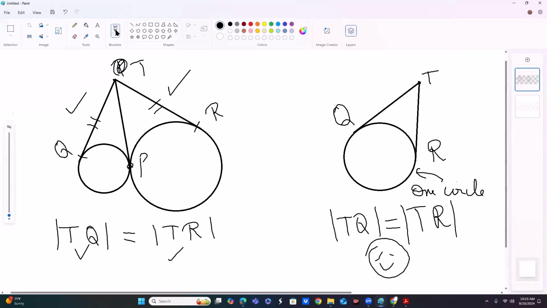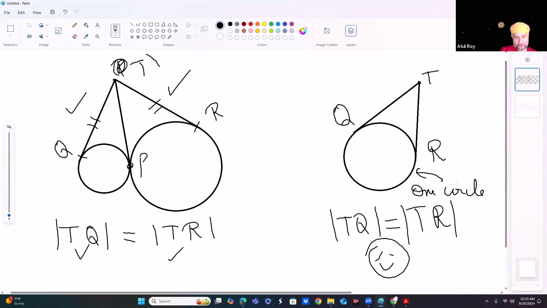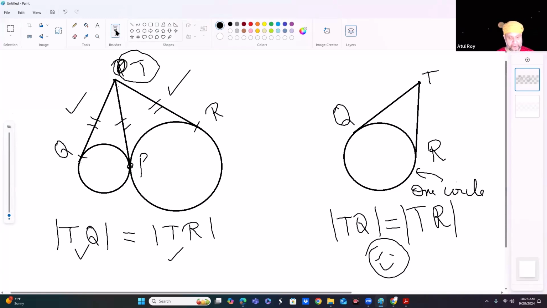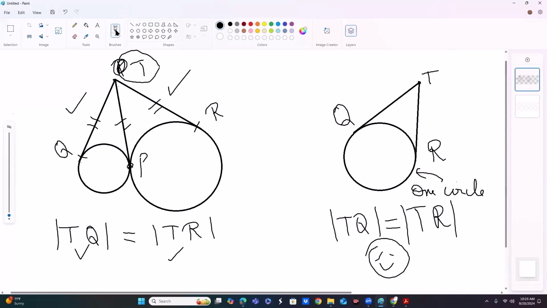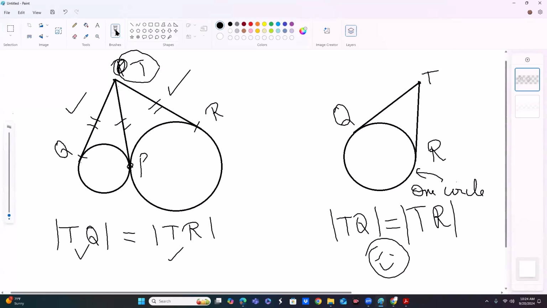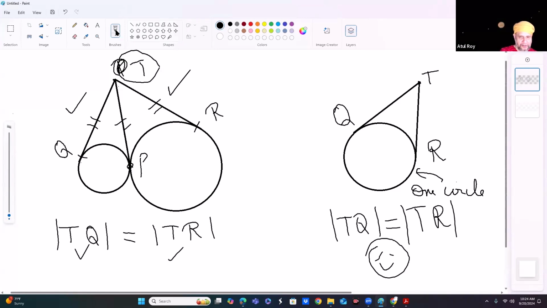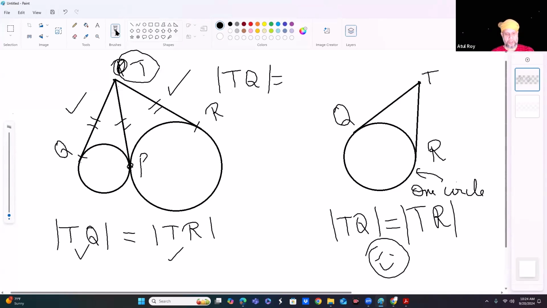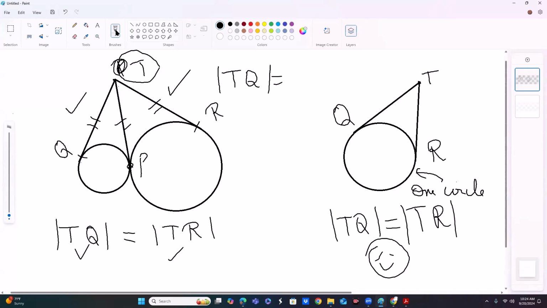So tell me this here. What do I have? We have this point T, and we sketched tangent lines R, right? So just tell me, how would you connect now TQ and TR? TP is equal to TR, and TQ is equal to TP.